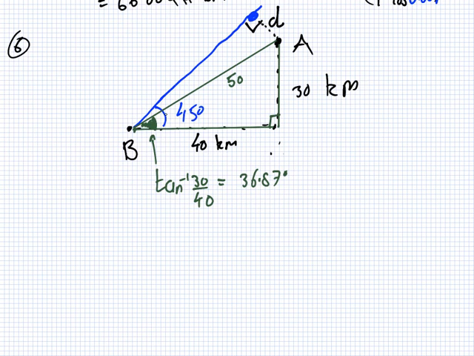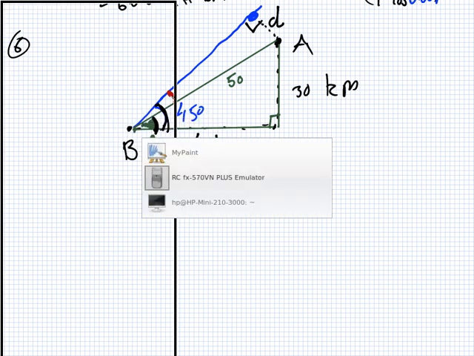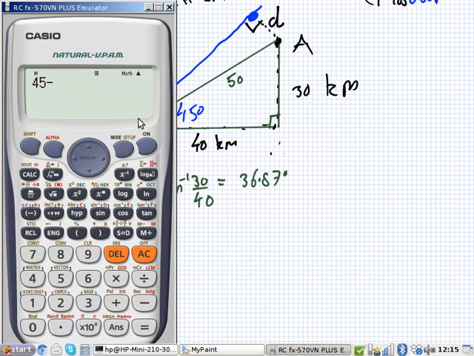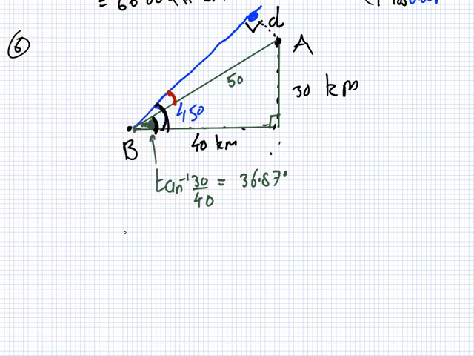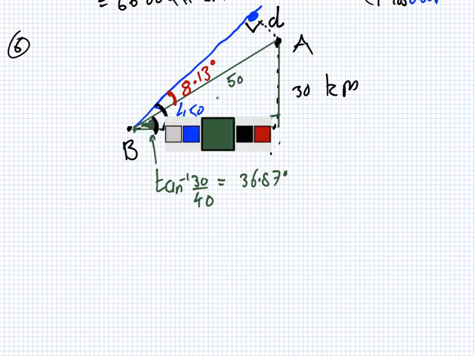So if we know the big angle is 45 and we know the small angle is 36, then we can know this angle here in the middle. It will be 45 minus that. So that's 8.13 degrees. Now, if you look at this triangle, you know here to here is 50, and you want D, so which should I use?